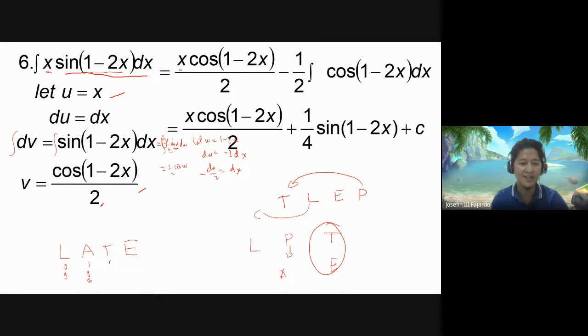Ito si trigonometric, and then this is your exponential. So, kapag may nakita kayo dito, ang magiging U natin, laging nagpiprecede si logarithmic, bago si algebraic, tapos si trigonometric, and then exponential. Actually, meron pa yung isa, yung I, pero hindi natin kasama yon, yung mga inverse na tinatawag.